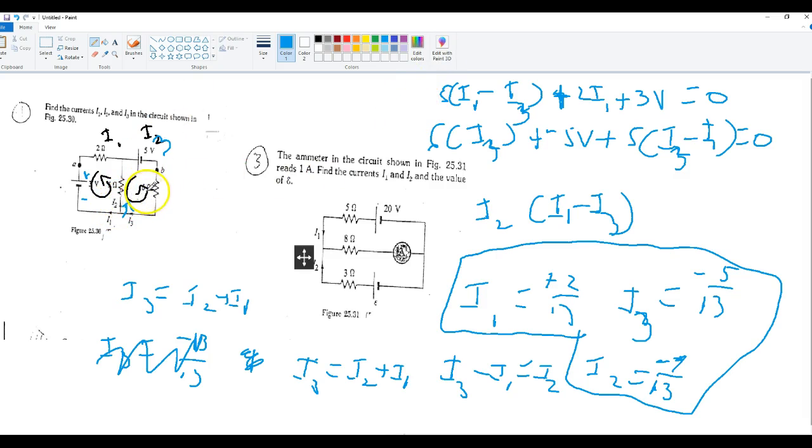The second equation is 6I3 minus, because it's going into the negative side, minus 5 volts plus 5 times I3 minus I1 is equal to 0. Those are two equations, two unknowns. We solved, and we realized that our I3 is completely against their I3, and our I1 is completely against their I1, so we just flip the signs to get those two answers.